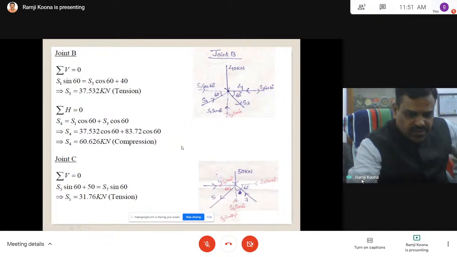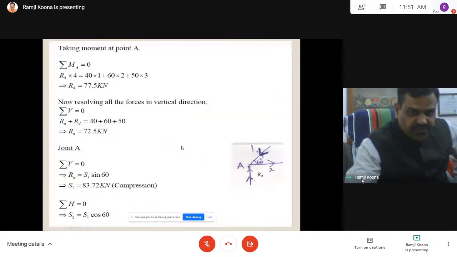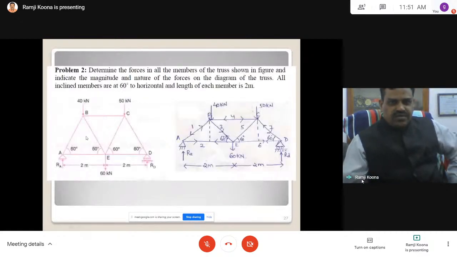Now if we go to the previous figure, this is known and this is known. This is compressive and this is a tension. With respect to center, increasing; with respect to center, decreasing.